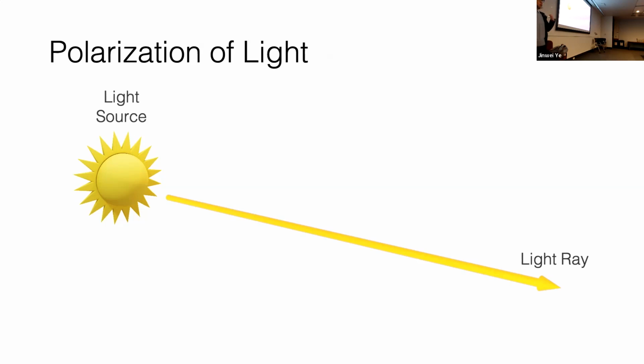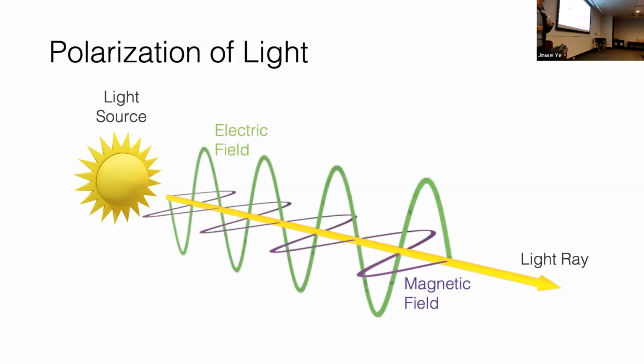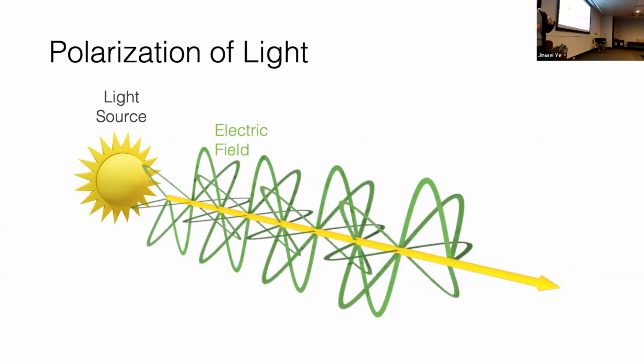Light is essentially an electromagnetic field, and the polarization of light describes the vibration direction of the electric field. We don't consider the magnetic field here, because it is always perpendicular to the electric field. So we only consider the electric field in terms of polarization. Basically, it's the direction of the electric field while the light ray propagates.